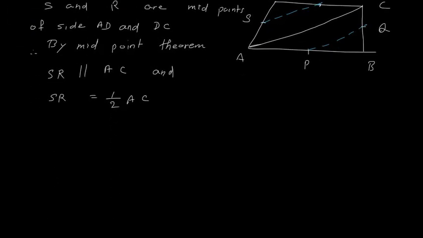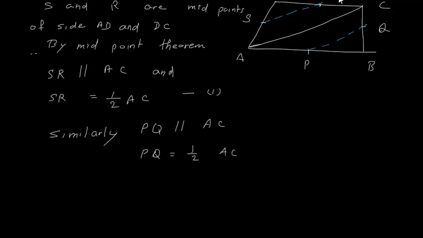Now we have to prove that SR and PQ are equal. So let us consider this equation 1. Similarly, I will say that PQ is parallel to AC and PQ is half of AC. This we consider 2.